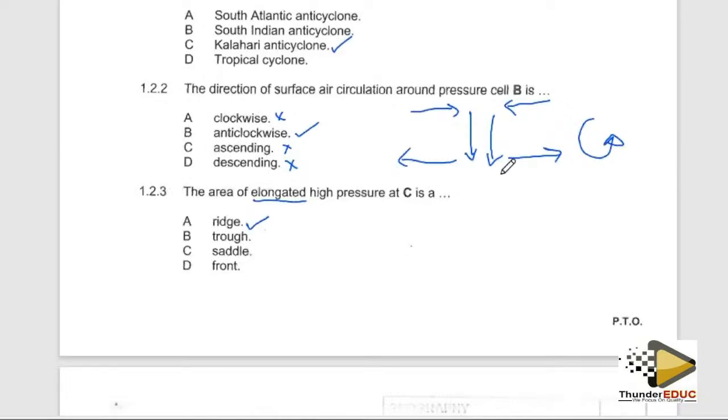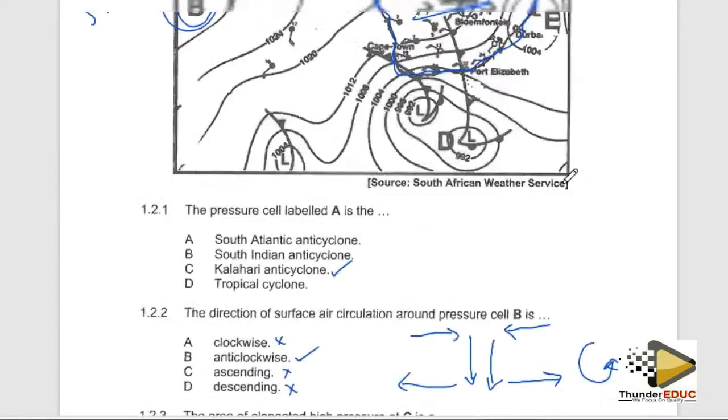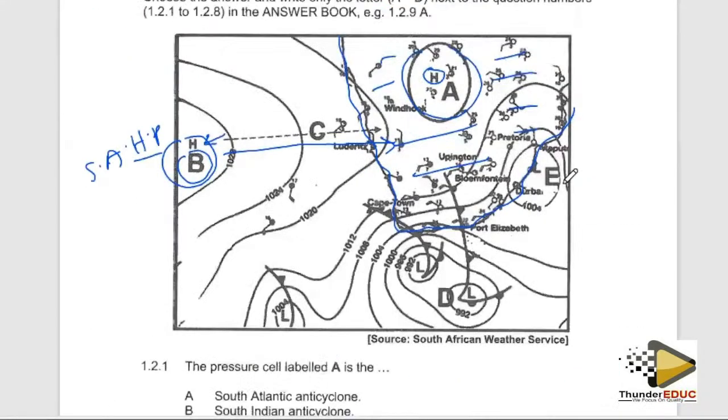Right. I'll proceed to question 1.2.4, which says weather system D develops because of the impact of the Coriolis force on the air movement between the dash cells. Let us first check what is weather system D. We look for the system D. Yes, this is our weather system D here.